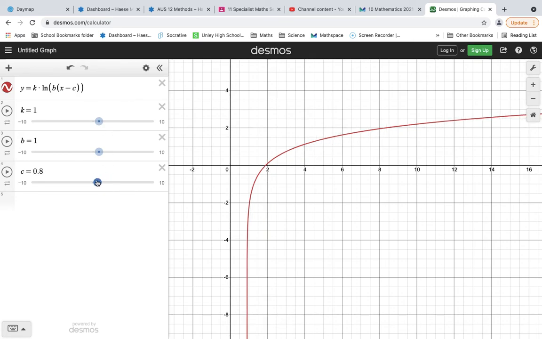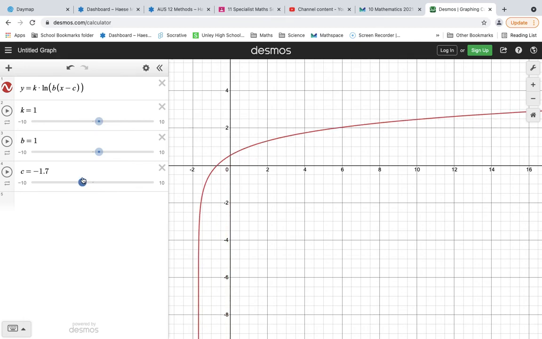So if we make that a negative number, I'll make it -2, then what we've actually got is x plus 2, right? So if I've got -2 there, it's like x minus -2, that's x plus 2. And by this stage of your maths education, I think you know this already, right?